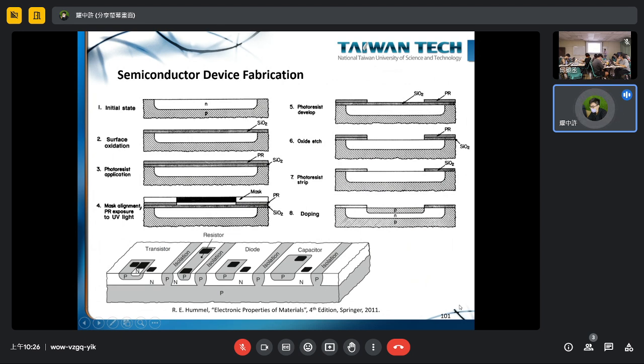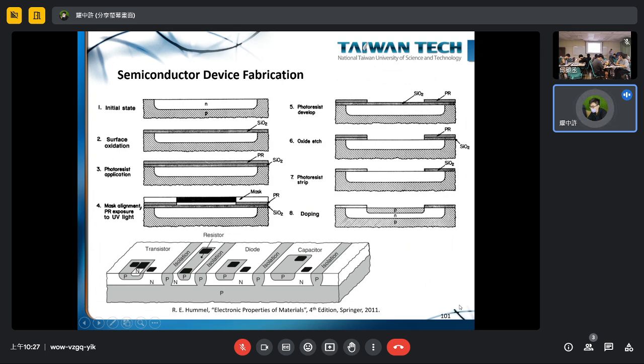Other than etching, you can also do some diffusion or implantation. For example, here we have P, N, and P, right? You can add another region here by ion implantation or diffusion. This is just a simple illustration, but in TSMC, after that you need to define another region.